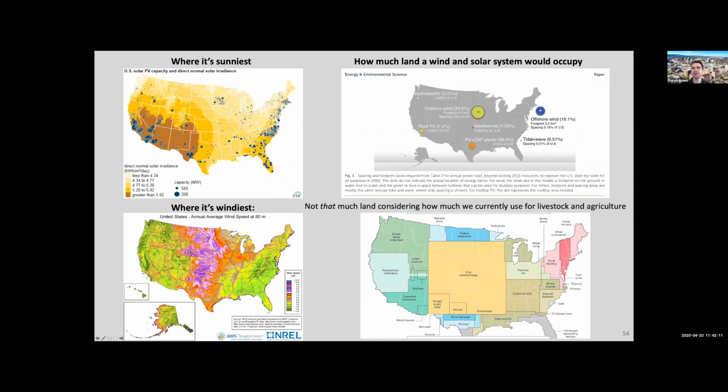So this is a map of the United States where it shows how much land is used for various end uses. For example, the biggest thing that we use land for in the United States is cow pasture and cow ranges. And then we also have livestock feed and the food that we eat.